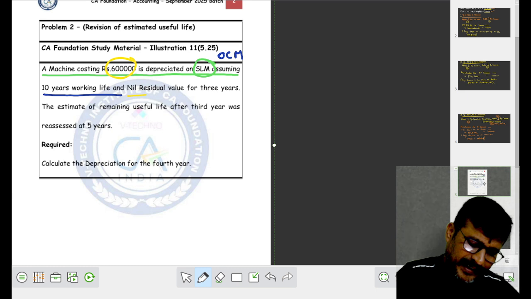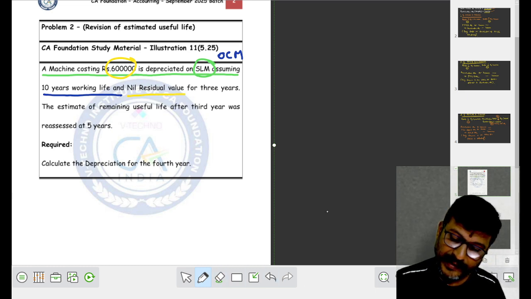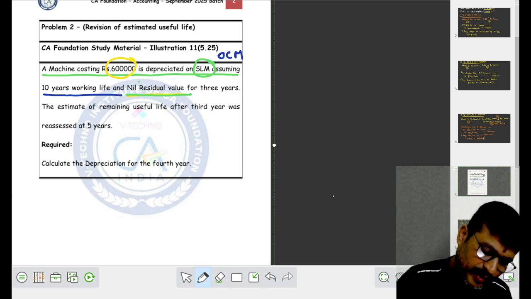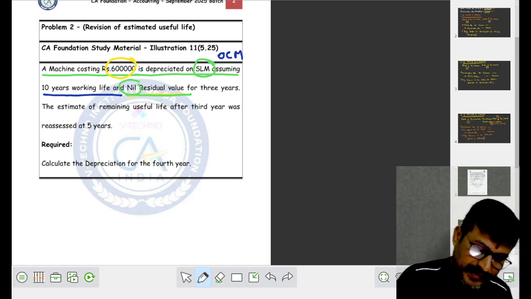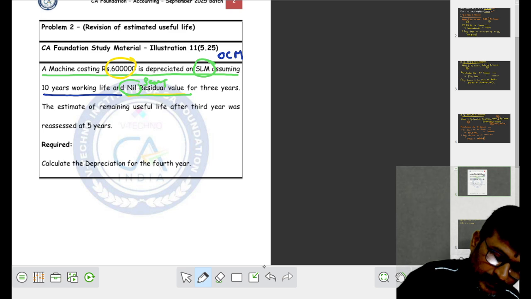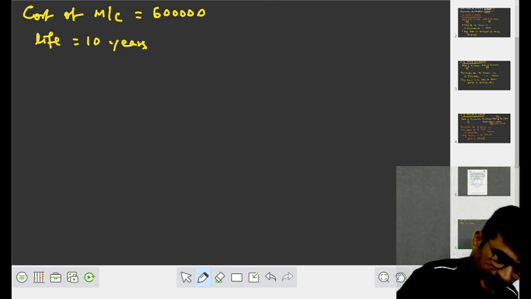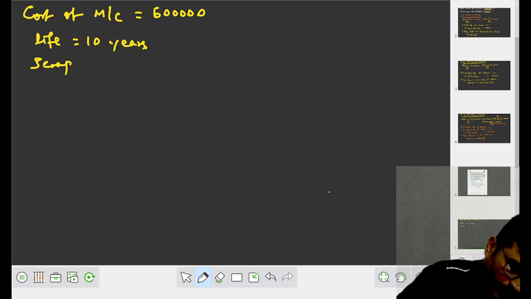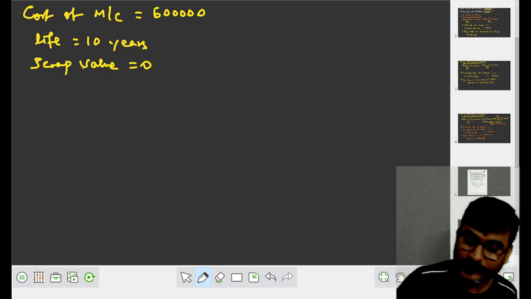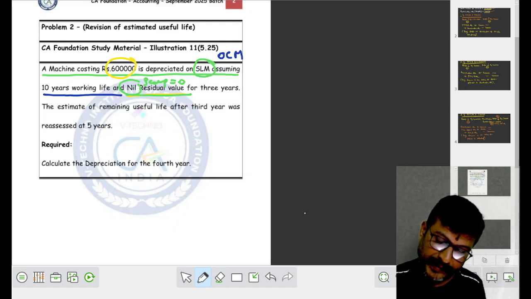And nil residual value. What is that? Nil residual value means scrap value is 0. Let me write: scrap value is equal to 0.